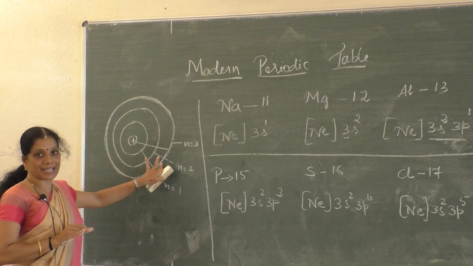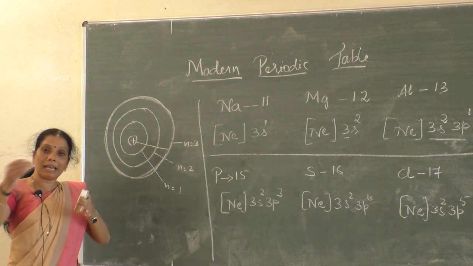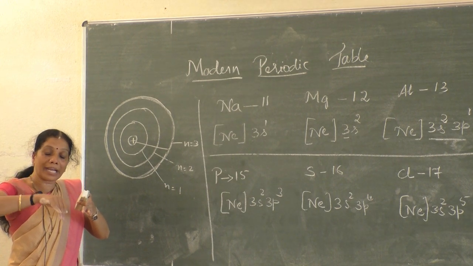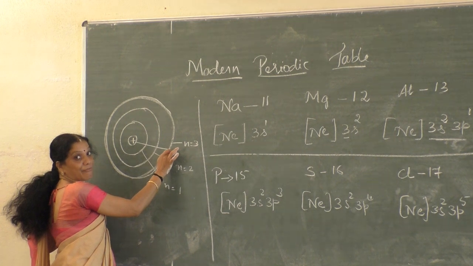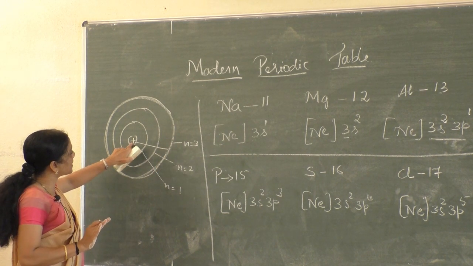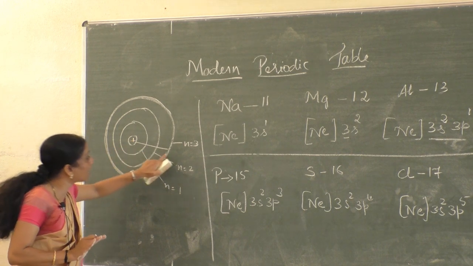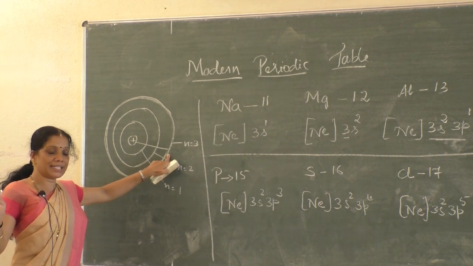Third main energy level itself. Understood, no? Even though the number of electrons increases, the electrons enter into the third main energy level itself. Hence, there is no difference in the distance between the nucleus and the outermost main energy level. No difference in the distance.